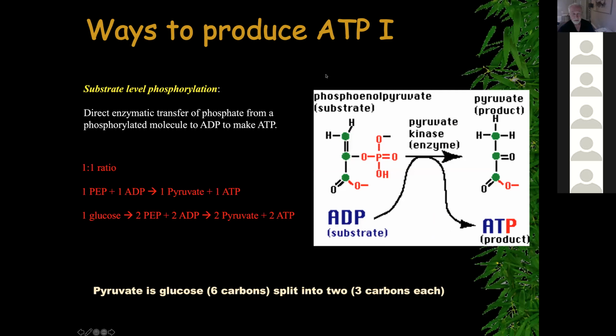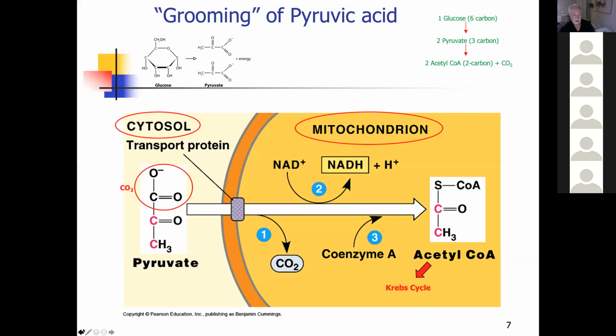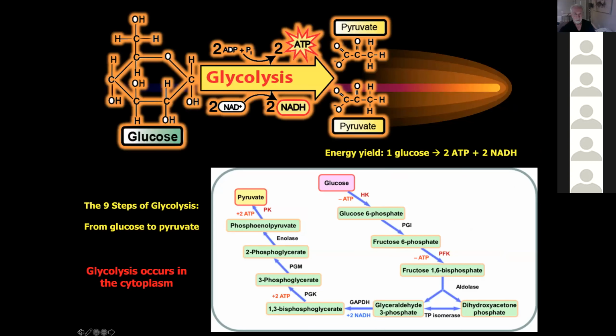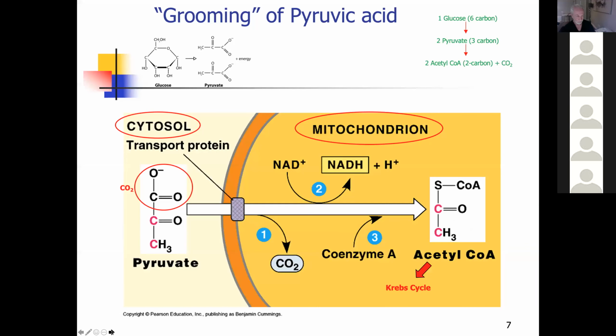You've seen this before. When I told you about ways to produce ATP, this is the first way I described. It's called substrate level phosphorylation, and that's what I've just described here. Substrate level, where you generate 2 ATPs from 1 molecule of glucose.